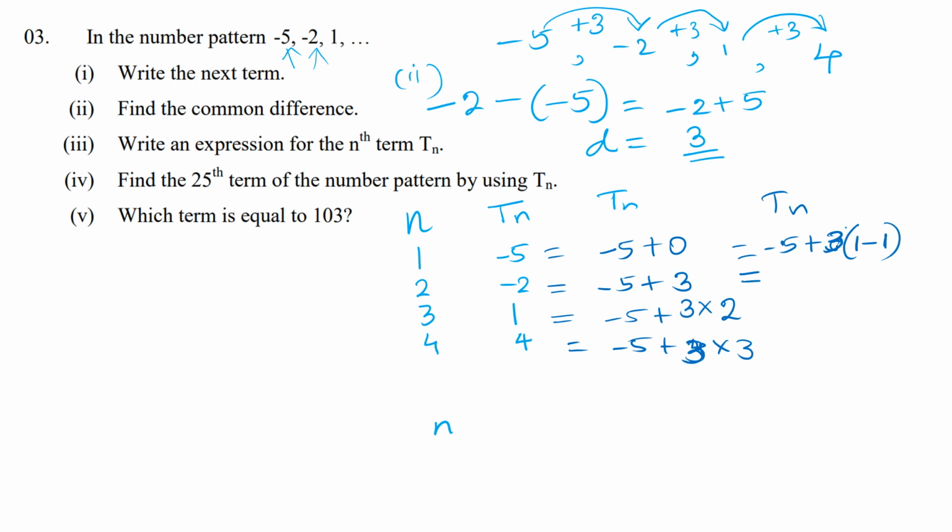Then minus 5 plus 3 into 2 minus 1; 2 minus 1 is 1, and 1 into 3 is 3, so minus 5 plus 3 is minus 2.